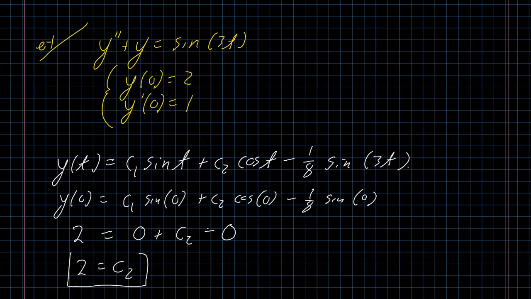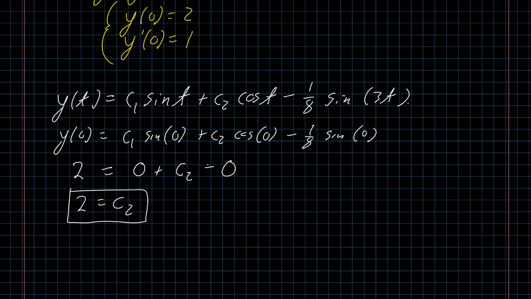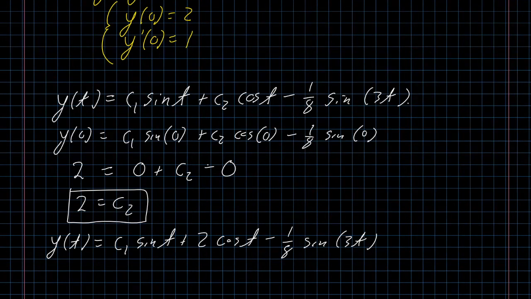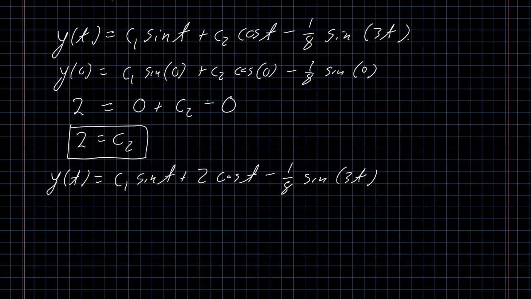So I get, in this case, that C2 must be 2. Right? Substitute that value of C2 back into the general solution, and then differentiate so we can use the second initial condition.